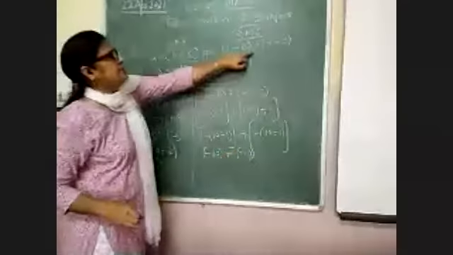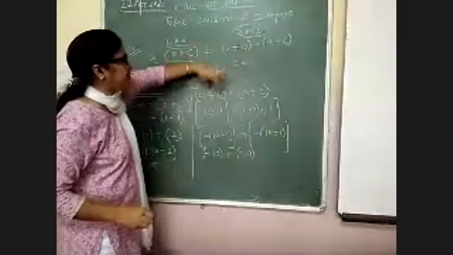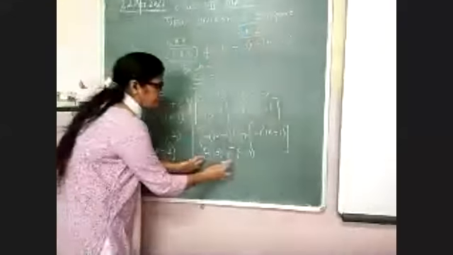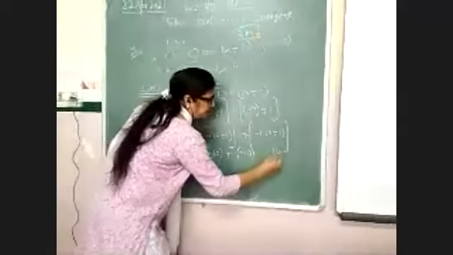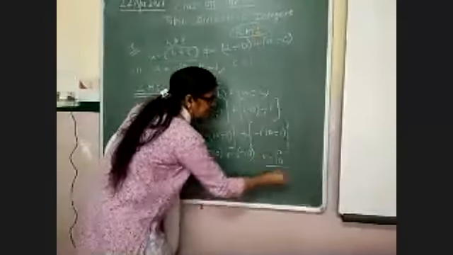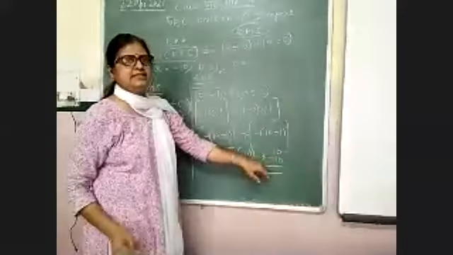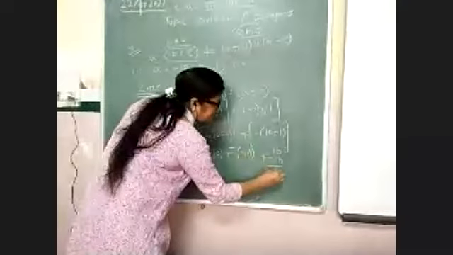Then you have to add these two numbers. First A divided by B, and in the second bracket A divided by C. Then you have to add it now. Minus 10, add minus 10. When you are adding these both negative digits, then the digits are added and the sign is minus.